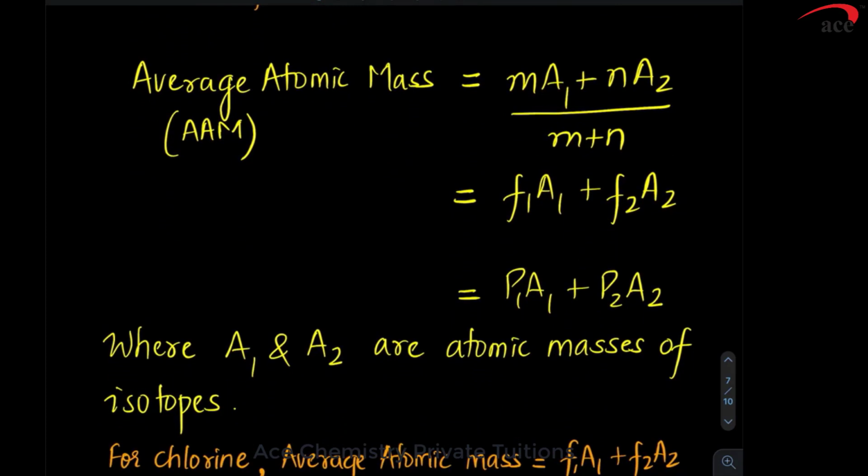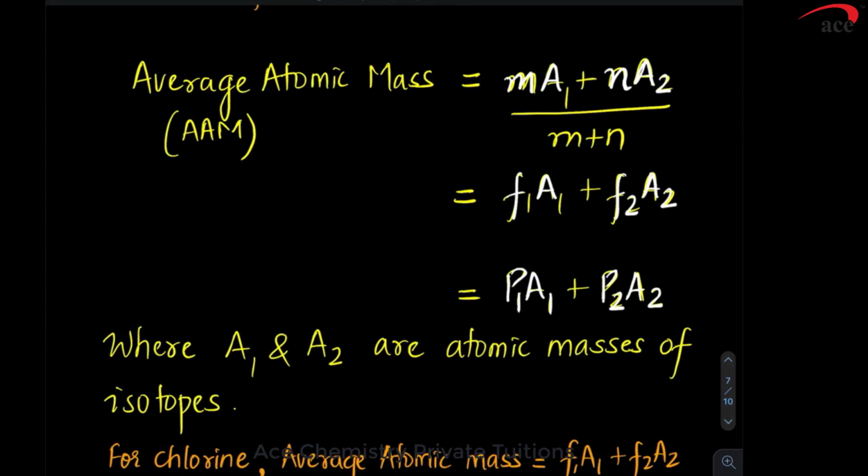Average atomic mass, therefore, is given by this formula, if M and N are the ratio and A1 and A2 are their atomic masses. F1, F2 are fractional abundances, A1, A2 are atomic masses, and P1, P2 are percentage abundances.